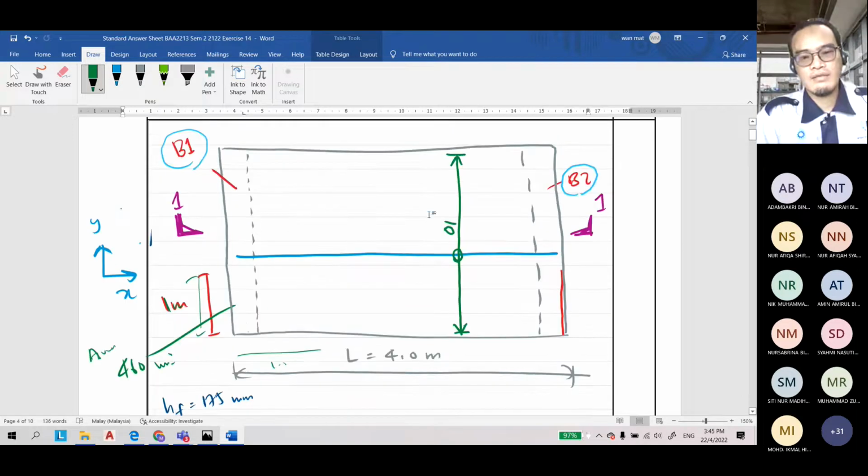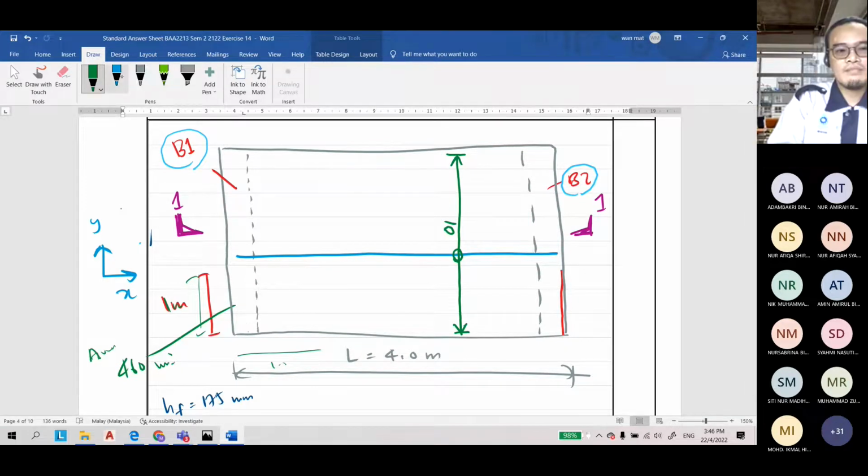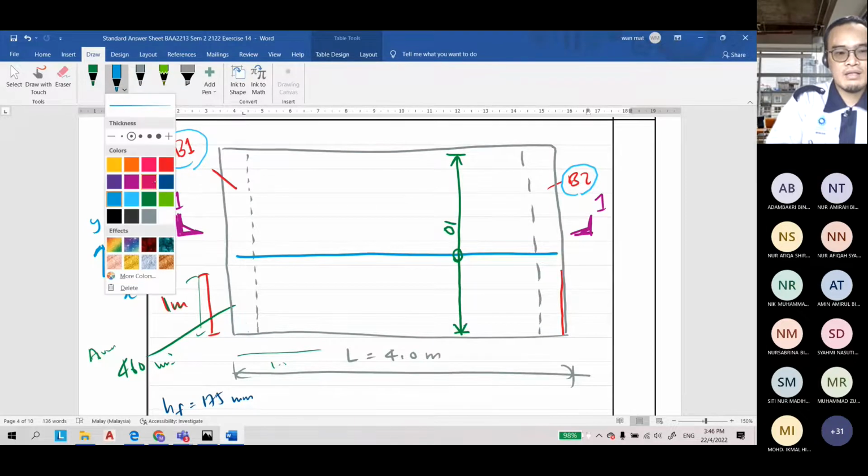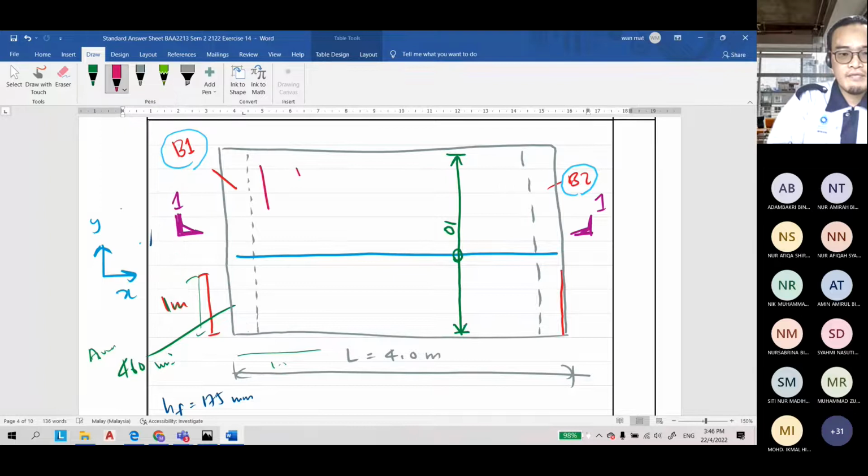It means they will arrange along this arrow. And then for the secondary bar, let me use another color. Usually for every 450 they will lay down the secondary bar, but if you draw like this, your drawing will become so crowded. So you simplify, just draw a single bar here.